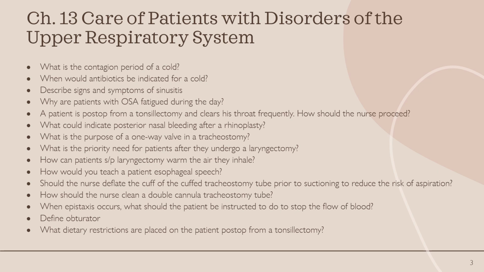Avoid red foods to be able to distinguish between ingested food and blood. Citrus fruits, hot fluids, and rough foods should be avoided until the throat has completely healed. Straws should not be used because sucking can cause bleeding. Note that the stools might be black due to swallowing of the blood. So the nurse in this situation should have the patient open their mouth and assess for bleeding if they notice the patient clearing their throat frequently.